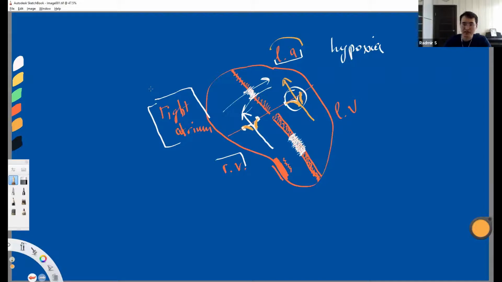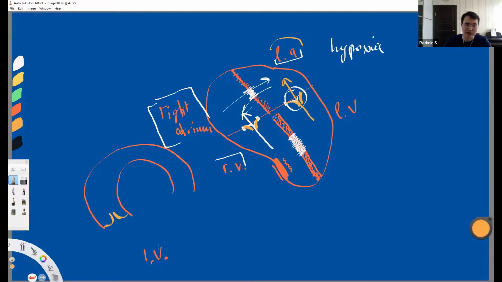What are other defects? They might be also related to the aorta. So the aorta is the first vessel that is leaving the heart. So here we have the left ventricle, and here we will have the aortal valve.